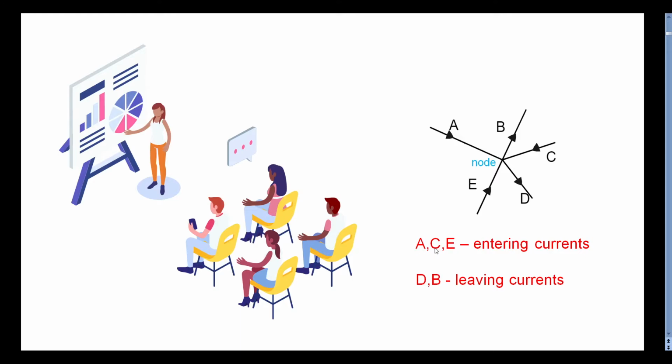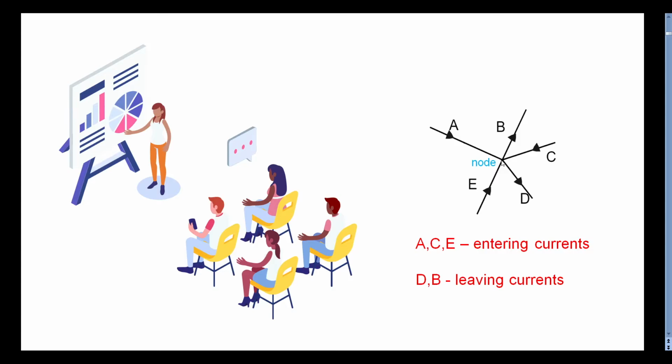So A, C, E are entering currents to this node. Now what are the leaving currents? One current is B and another current is D. So D, B are leaving currents from the node.